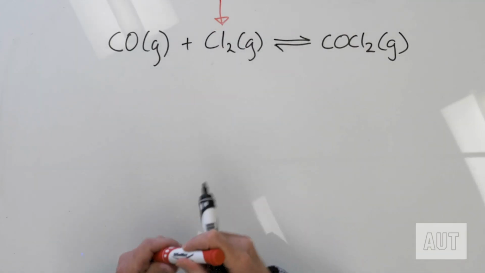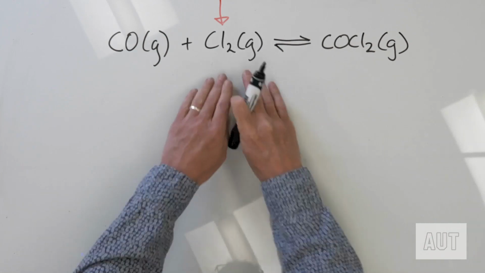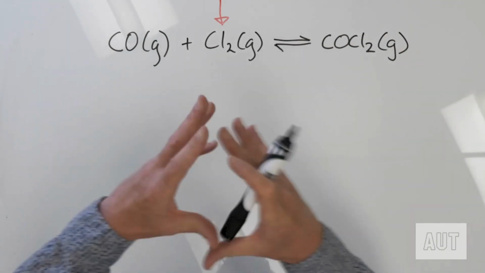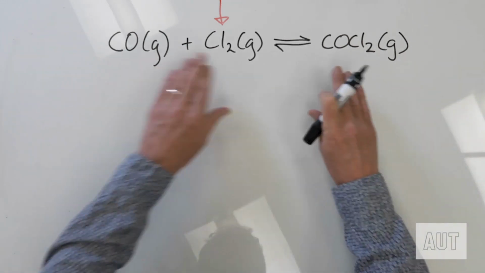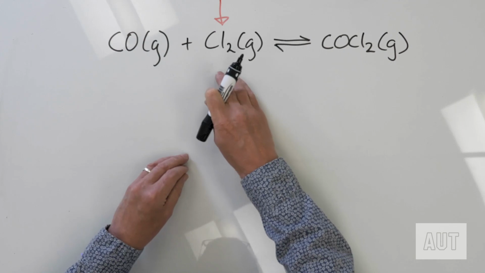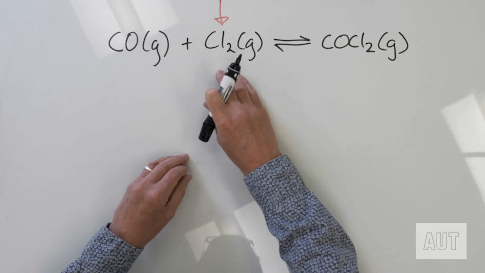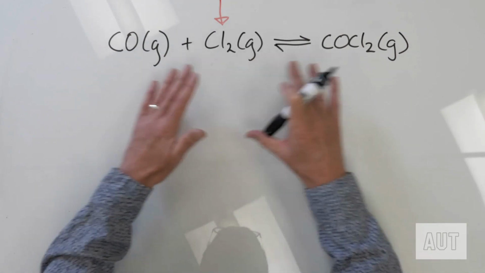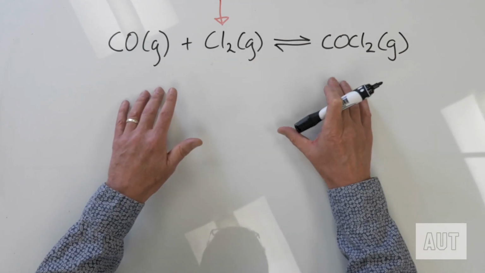The first thing that we're going to do is ask what happens if we add some chlorine to our equilibrium mixture. We've got this equilibrium going on, it's all happy, nothing's changing, the relative amounts of all three things are the same, and then we pump some chlorine into the equilibrium mixture. The question is how, if at all, is that going to affect this equilibrium?